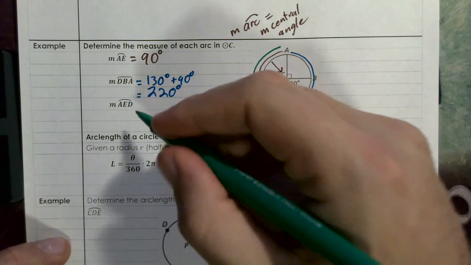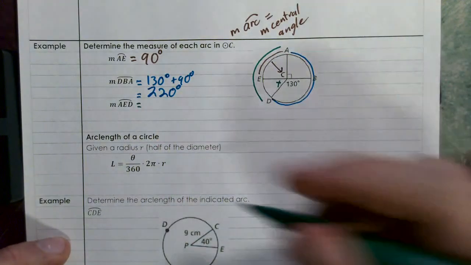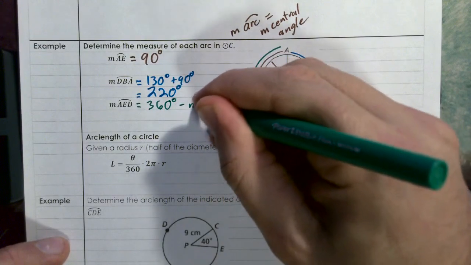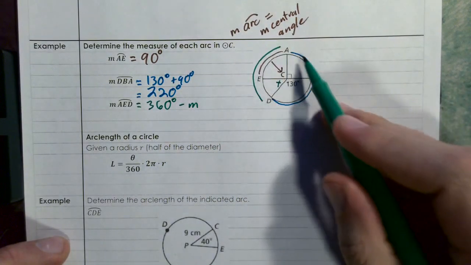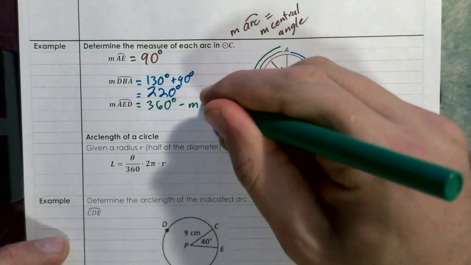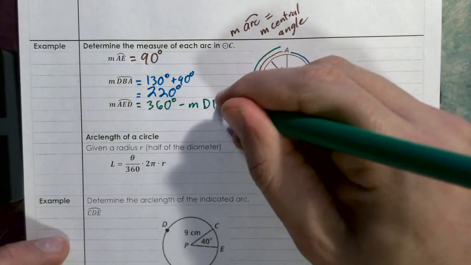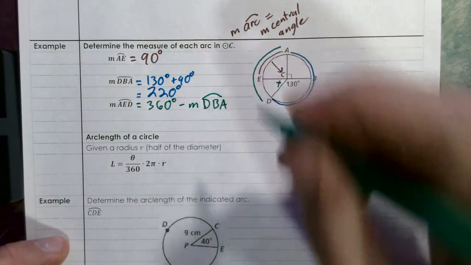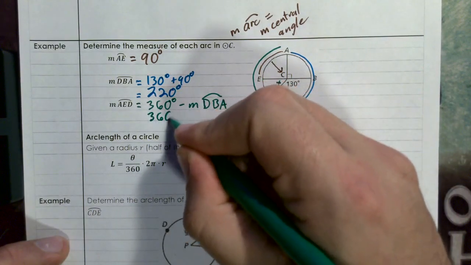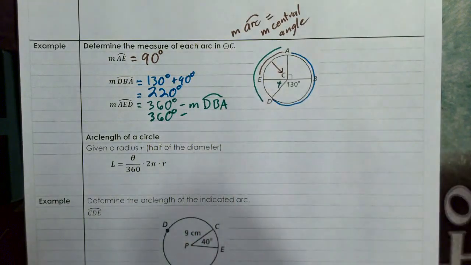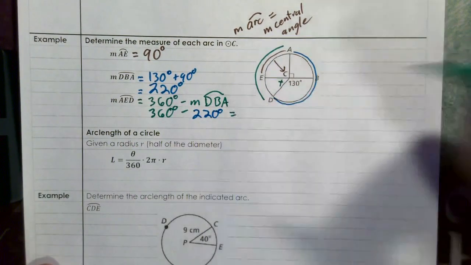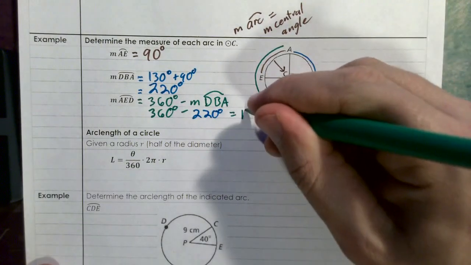So the measure of AED has got to be 360 degrees minus the measure of this major arc that's paired with this minor arc, the measure of DBA. Well, DBA ended up being 220 degrees in that last problem. So measure of AED has got to be 360 minus 220, so it's got to be 140 degrees.